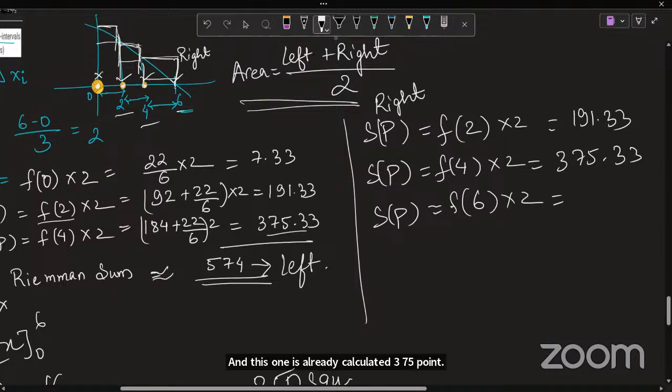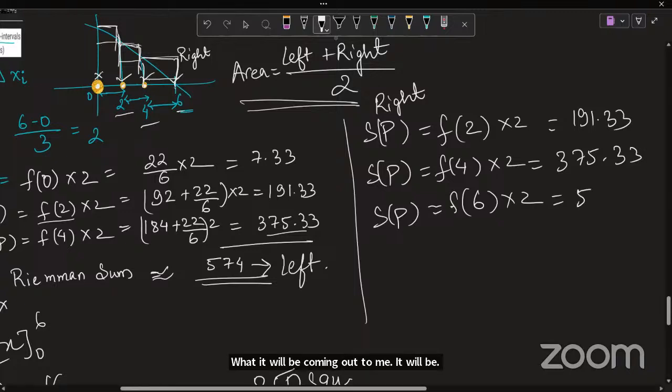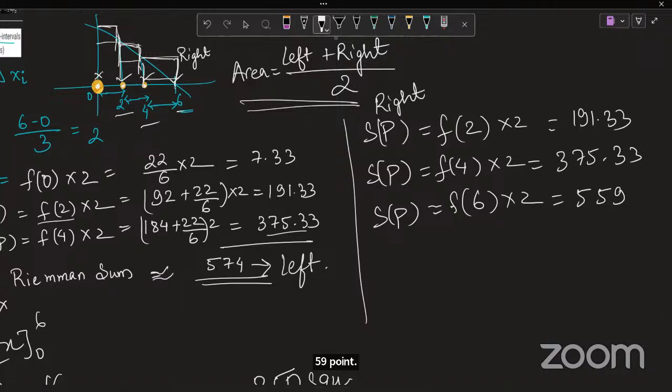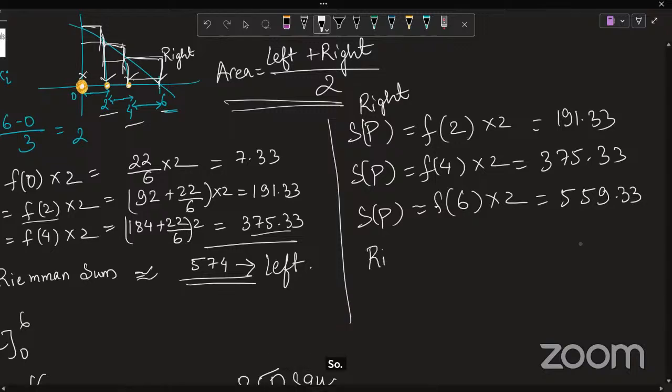Calculate this one only. What will it be? It is 559.33. Check, anyone? Yes sir, it is correct.